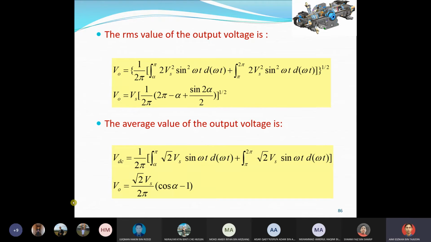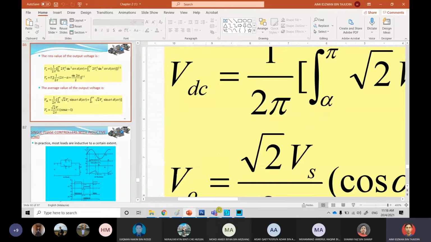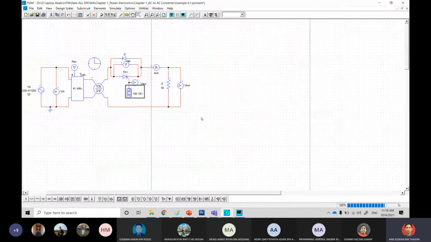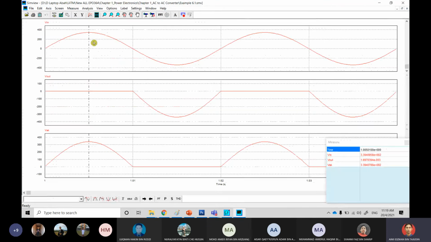Okay, kalau nak mudah lah, saya just nak tunjukkan kamu. Sikit simulation lah. Okay, signal yang tadi. So saya tengok V in sahaja. Kalau saya tekan RMS, saya akan dapat 240.